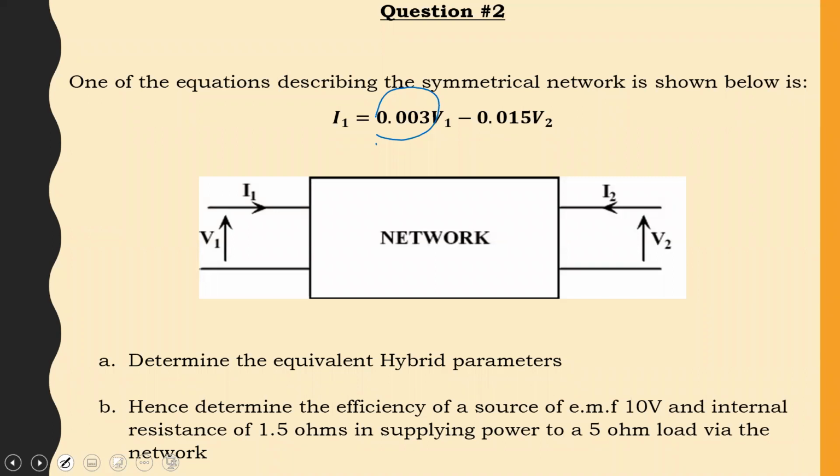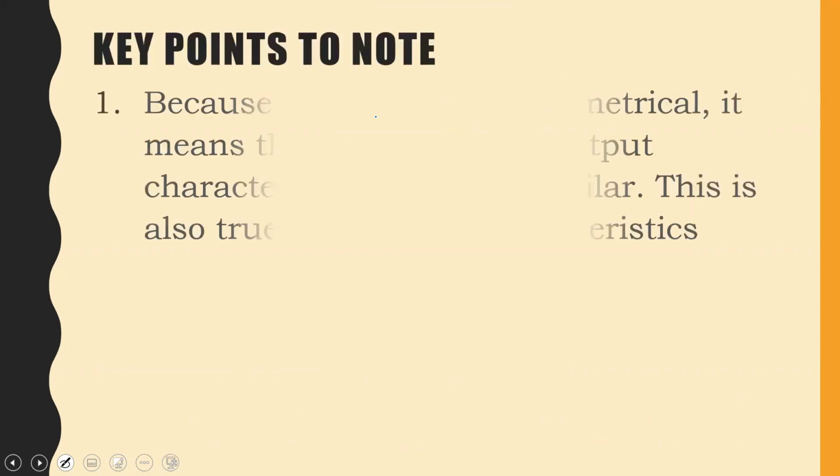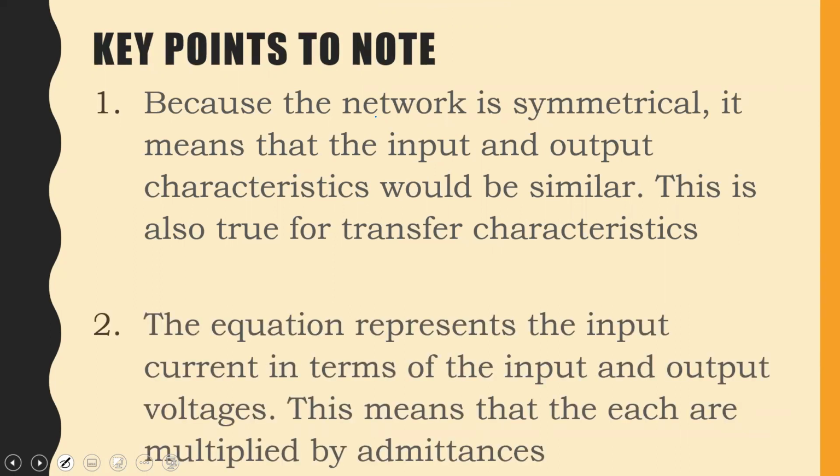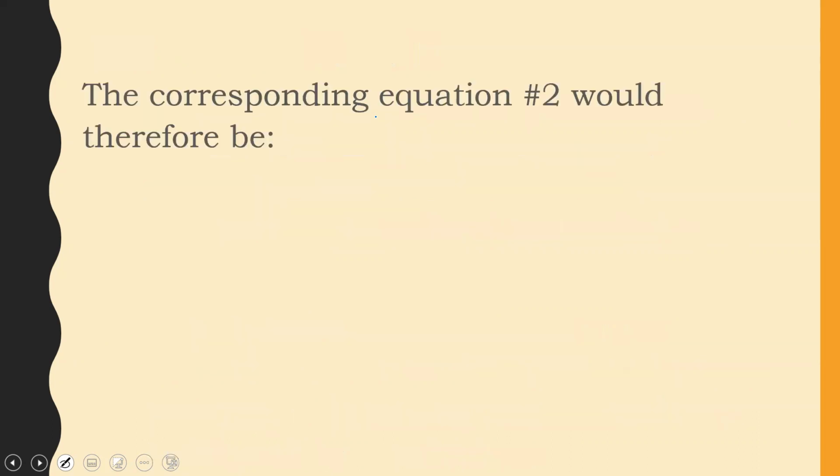In summary, because it is symmetrical, the input and output characteristics are similar, and that is also true for the transfer characteristics, which Mr. McKenna stated. The equation represents the input current in terms of input and output voltages, which means we are dealing with admittances. So that's our corresponding equation 2.